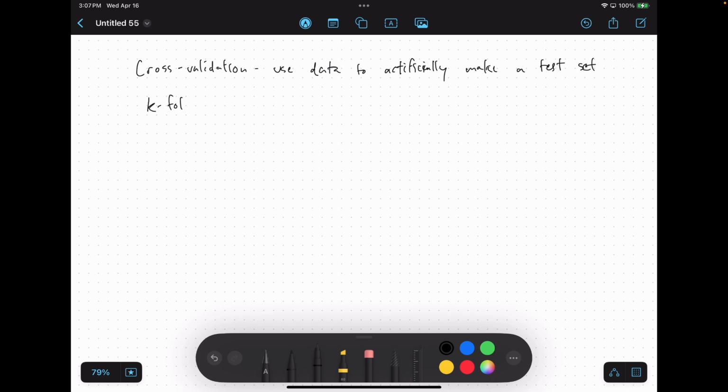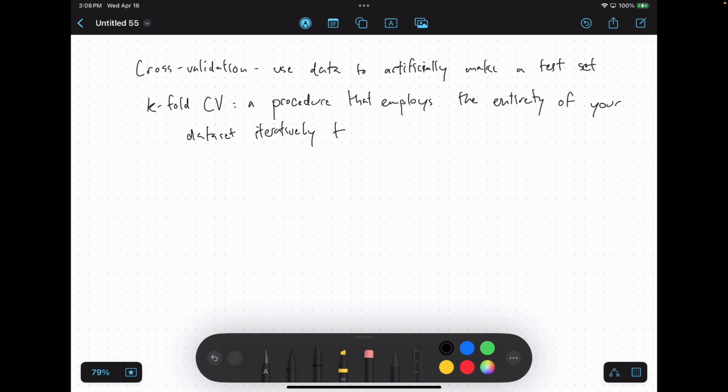So in a k-fold cross-validation, this is a procedure that employs the entirety of your data set iteratively to test the predictability of your model on new data.